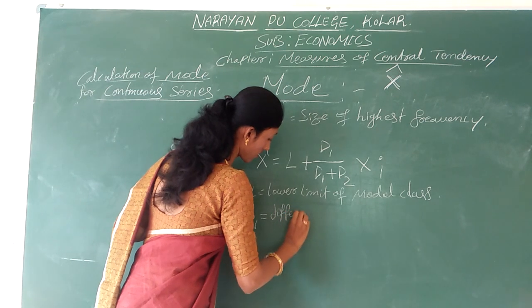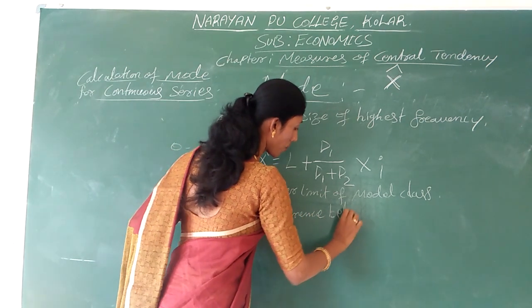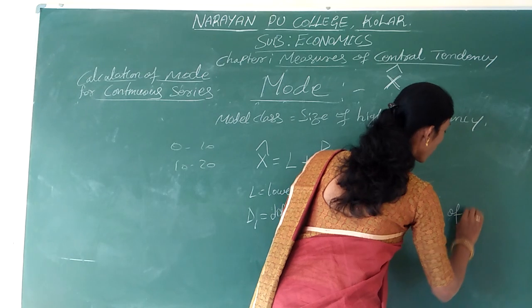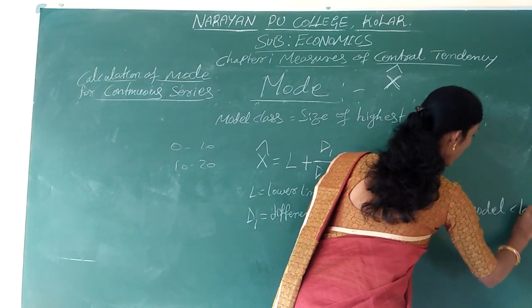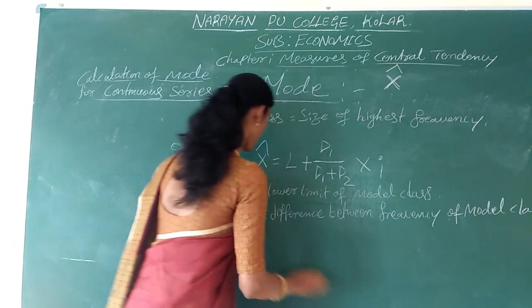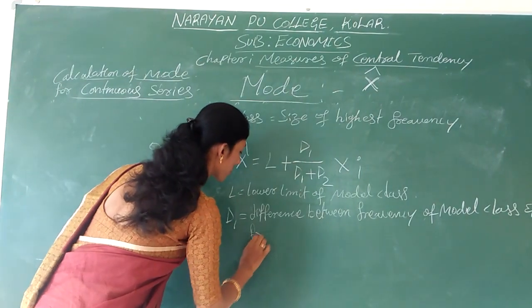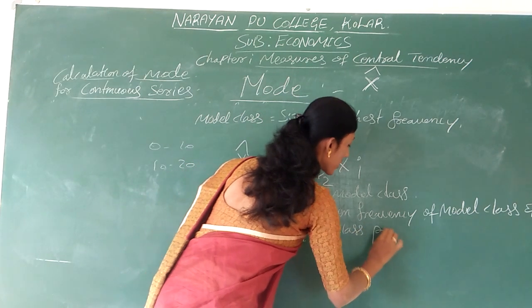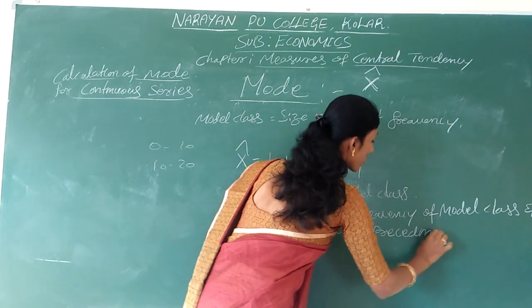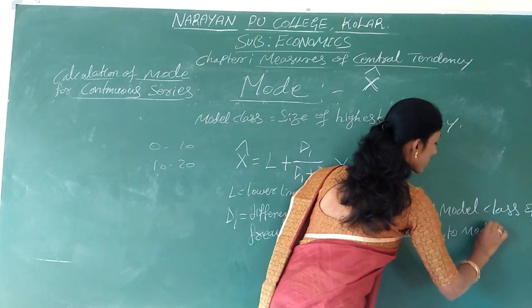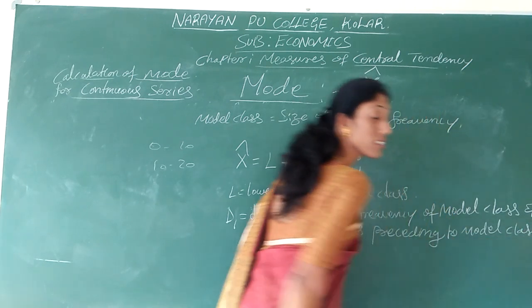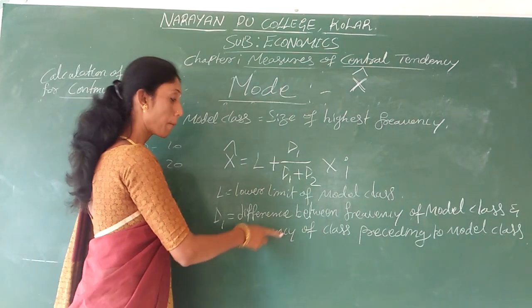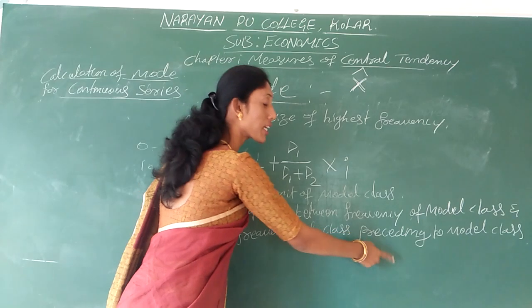Take this down properly: the frequency of the mode class is subtracted from the frequency of the class preceding the mode class.